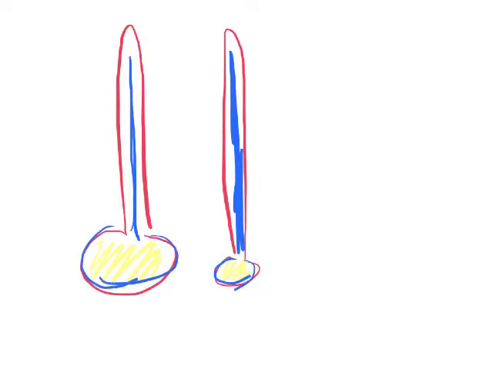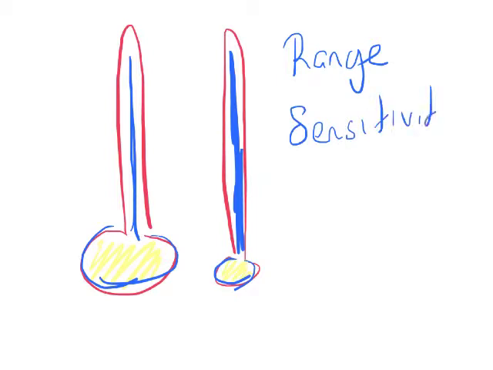And things that you've got to think about here is range, how far it goes up and down, the sensitivity, which is effectively how much it changes per degree. Okay, what's the rise per degree? How sensitive is it to a change in temperature? The other thing is linearity.